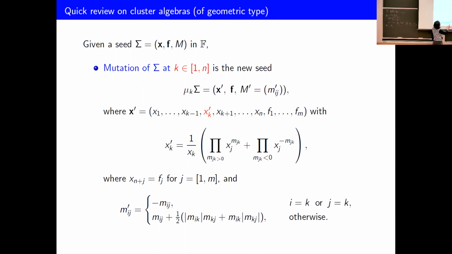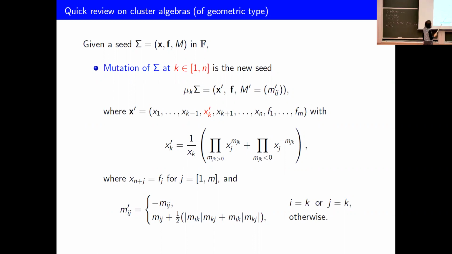And this monomial uses the kth column of the mutation matrix. That's why you need a mutation matrix. Use the kth column: these are the positive entries on the kth column, and these are negative entries, then you put a negative sign here. So that's your new function. For each k, you do this, and then you get a new extended cluster.